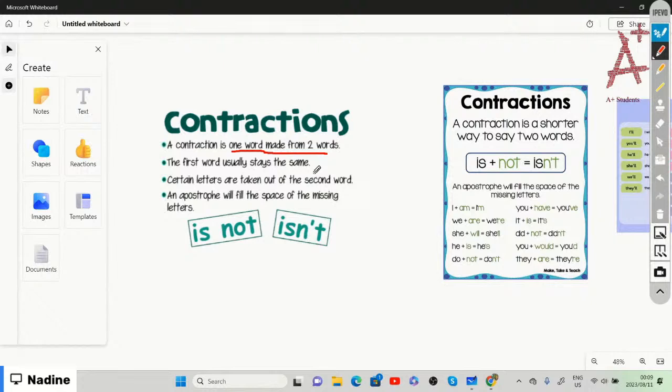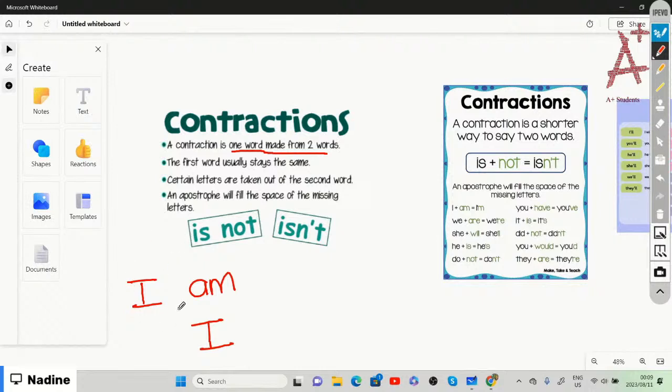If we make an example, let's say, for example, I am. They say the first word usually stays the same, so I will stay the same. Certain letters are then taken out of the second word, and an apostrophe will fill the space of those missing letters.